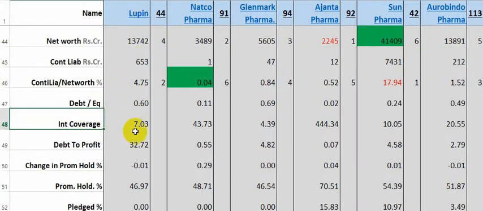Lupin's profit can cover 7 years of the future interest payments using this year's net profit. Natco Pharma, since it had a very low debt to equity ratio, can cover 43 years of its interest cost using this year's profit. This ratio helps us understand how well the company is managing its interest cost.